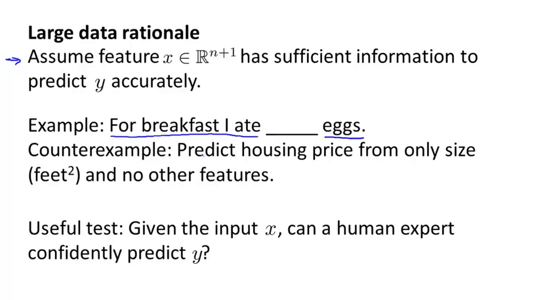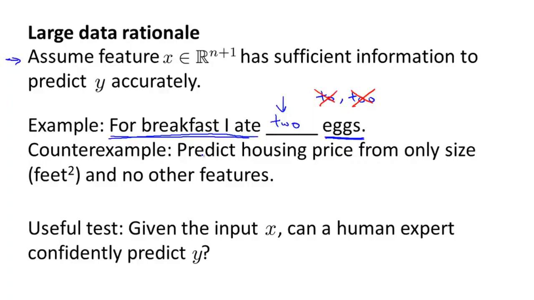So the features capture that we have a sentence: for breakfast I ate blank eggs. Then that's pretty much enough information to tell me that the word I want in the middle is TWO, and that is not the word TO, and is not the word TOO. So the features capture what are these surrounding words, then that gives me enough information to pretty unambiguously decide what is the label Y, or in other words, what is the word that I should be using to fill in that blank out of this set of 3 confusable words.